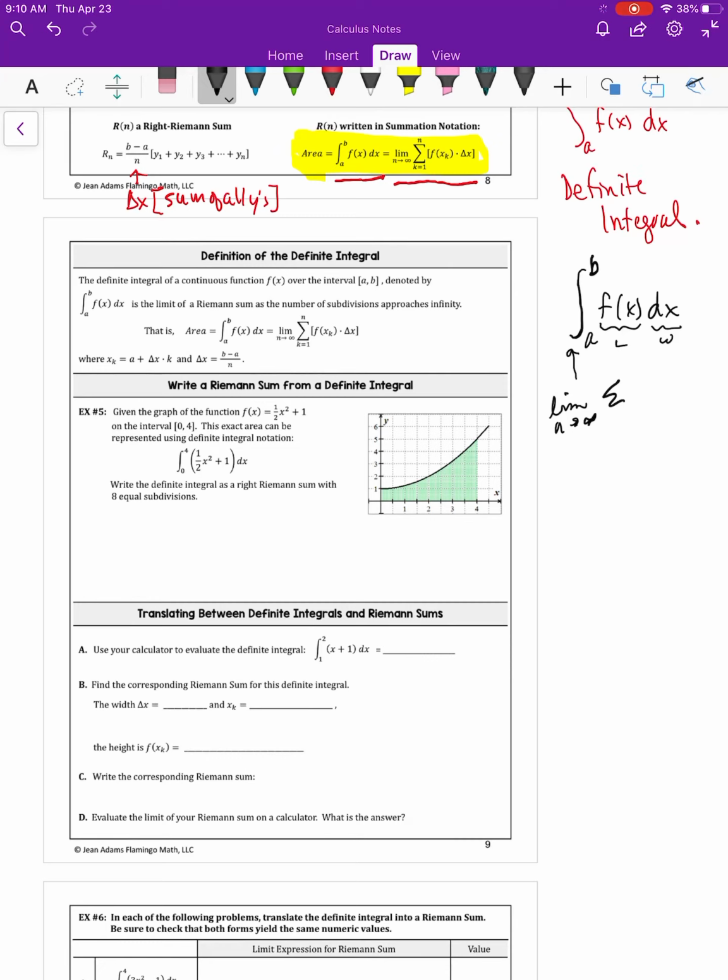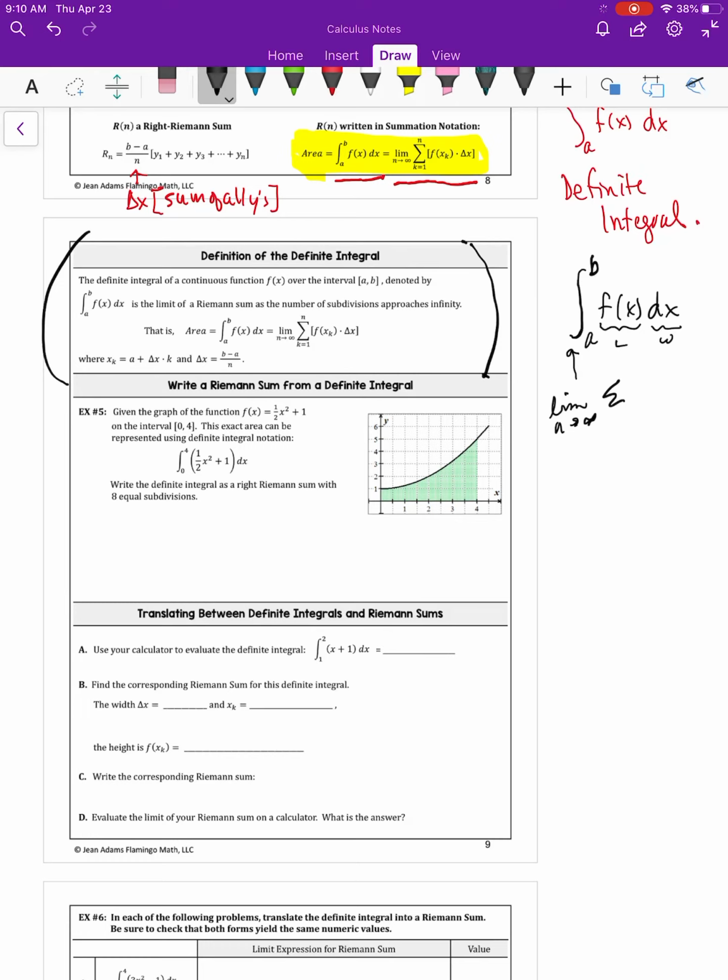Again, you're just doing length times width, where x sub k is a plus delta x times k, and delta x is b minus a over n. So this sums up the whole thing that we just did, this box right here, okay?